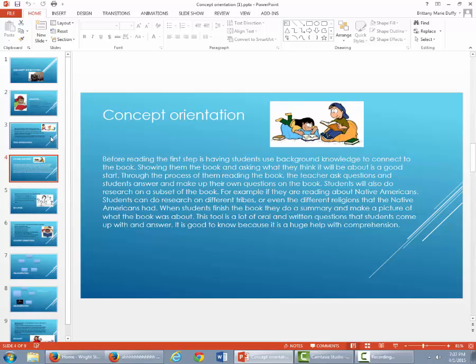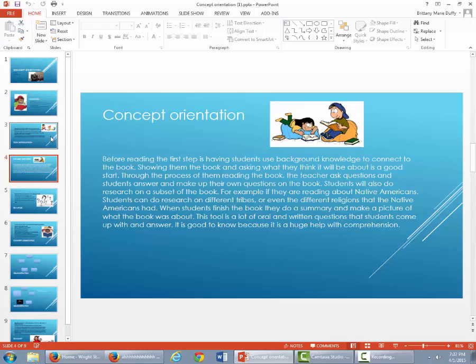So all of this helps them comprehend what the book is about, because they are consciously thinking, and hopefully eventually subconsciously thinking about the book and questioning the book and finding the answers to those questions, which will help them remember more of the book later.